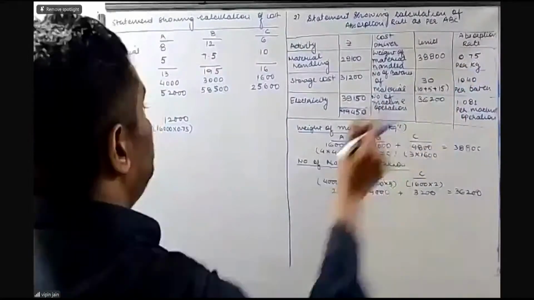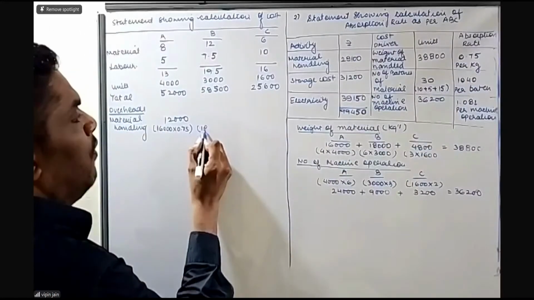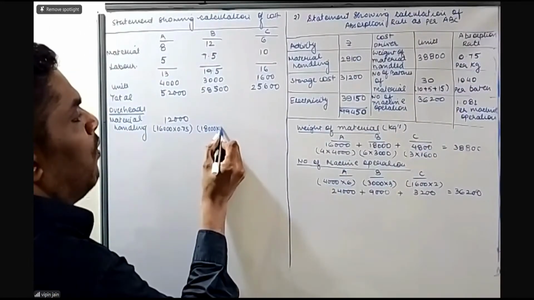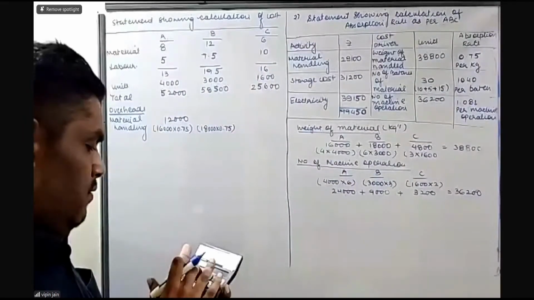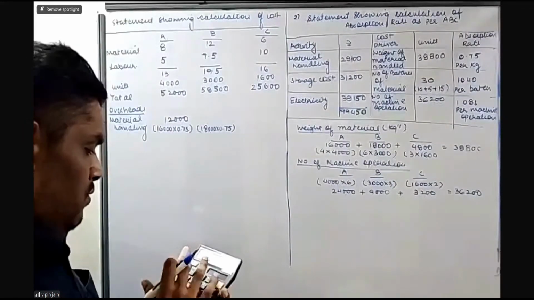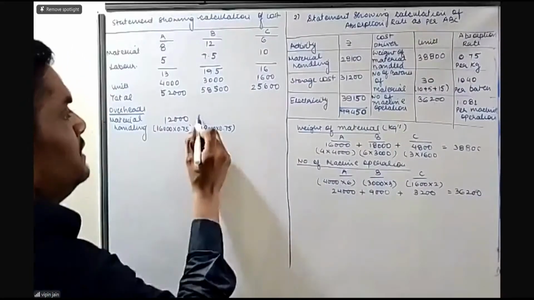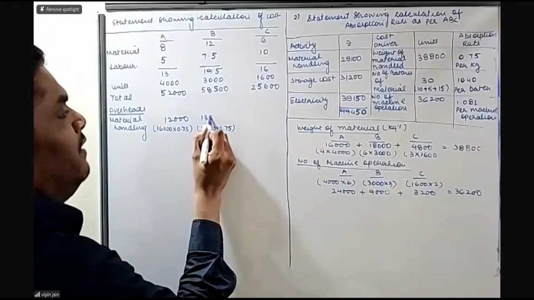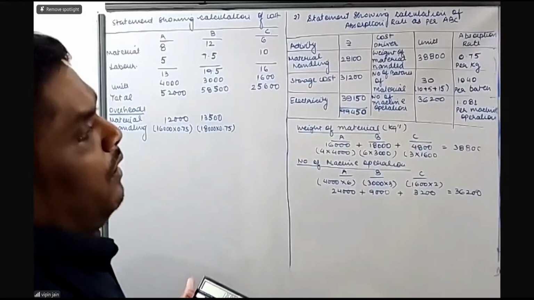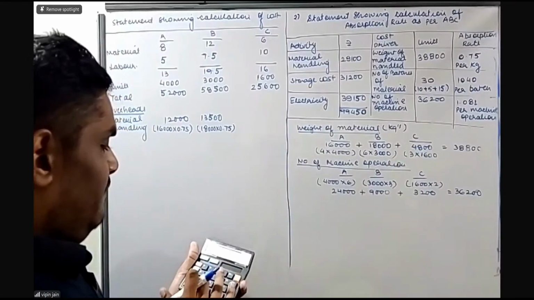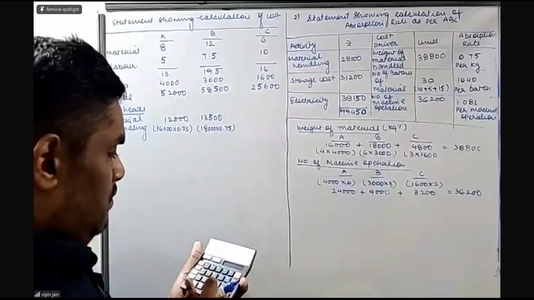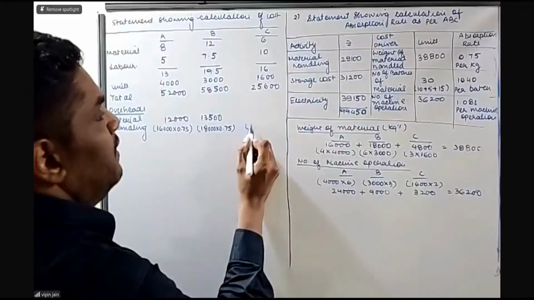Similarly, 18,000 into 0.75. This will be for B. So this will be 13,500. And last is 4,800 into 0.75. This will be 3,600.